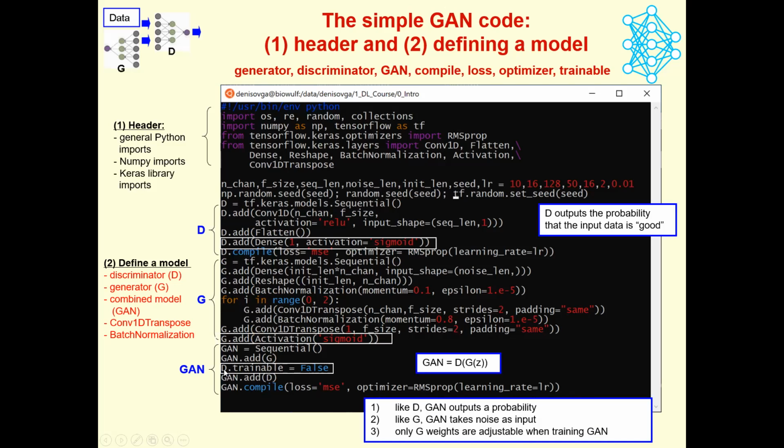The statement trainable is false means that we do not allow the weights of the discriminator to vary when we train the GAN network. So when the GAN is trained, only the generator weights will actually be adjusted. That's it about this slide.